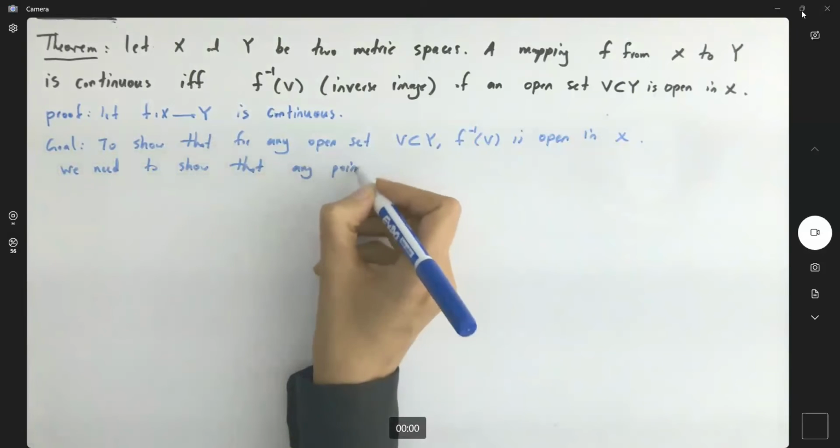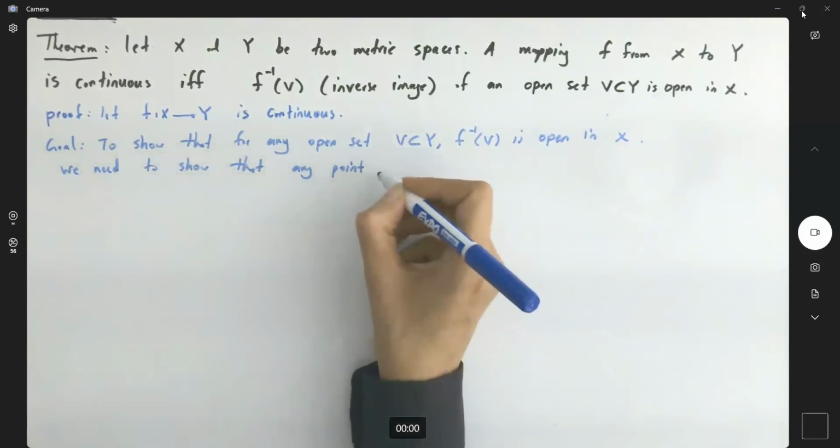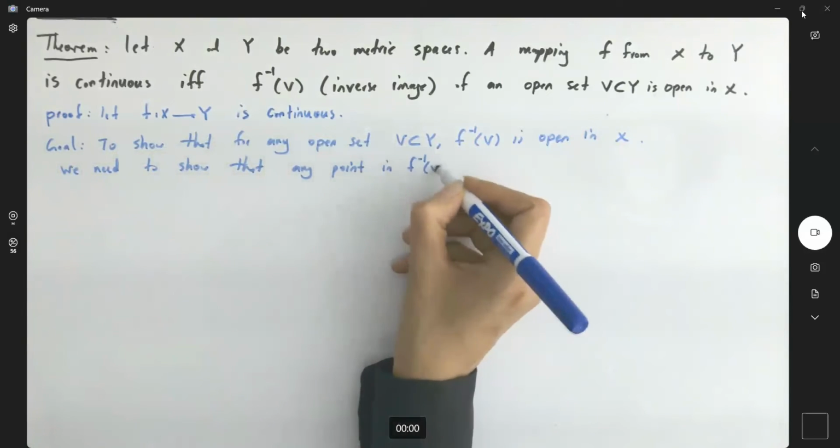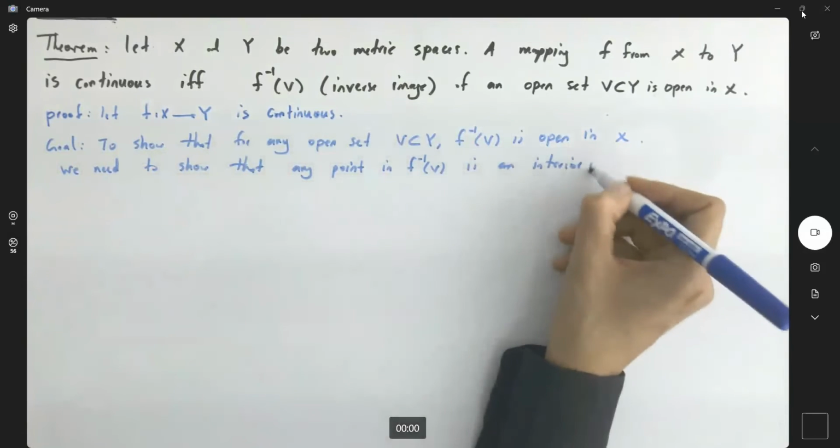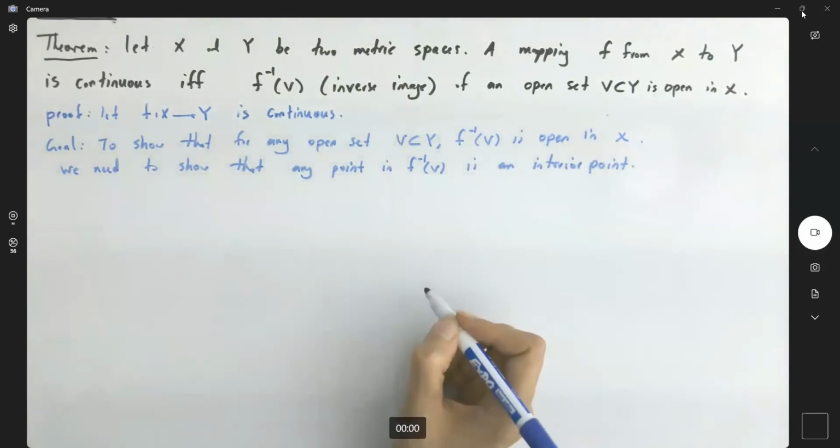any point in the inverse image of V is an interior point. What's the meaning of that?